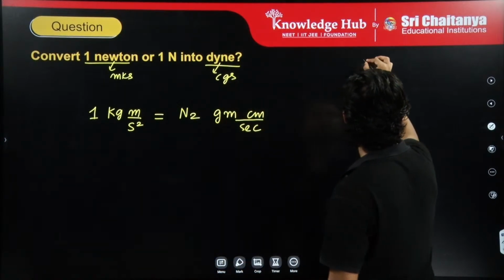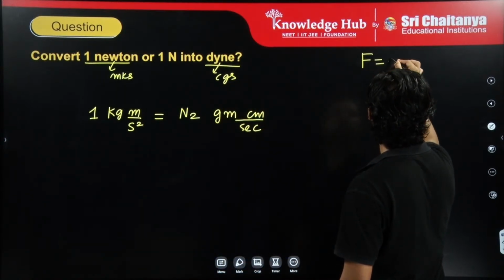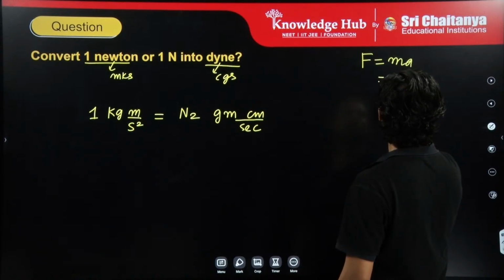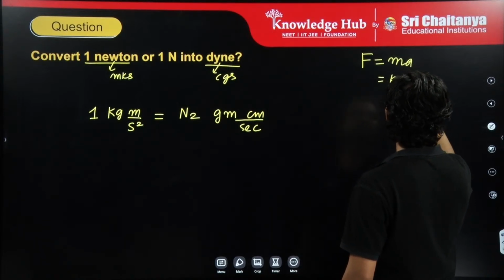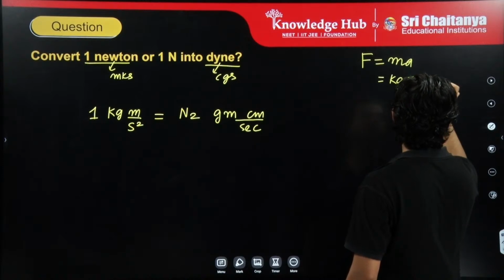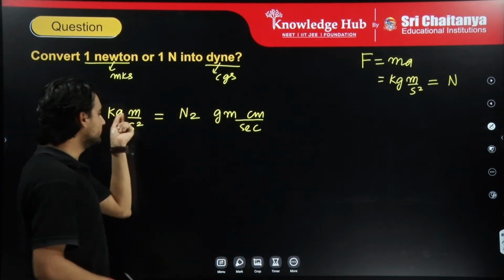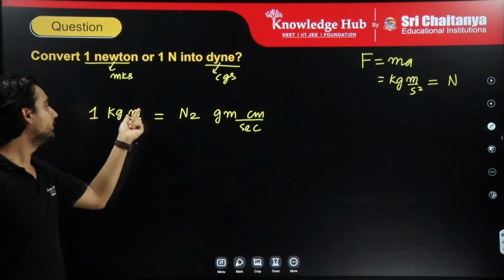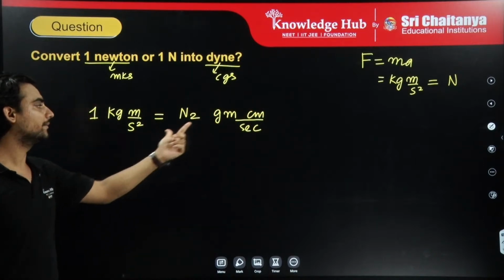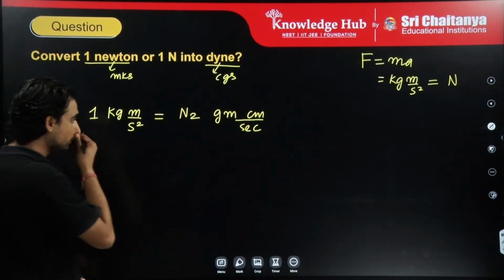Because Newton, what is Newton? Force is equal to mass into acceleration. Mass is kg, this is meter per second square. So this is equal to Newton, right? So in my CGS system, my kg is represented as gram, my meter I'll write as centimeter, and second remains as second. Now let's look here.